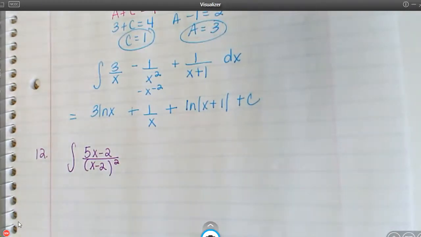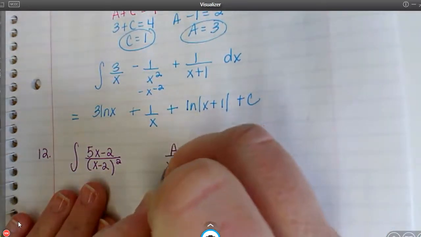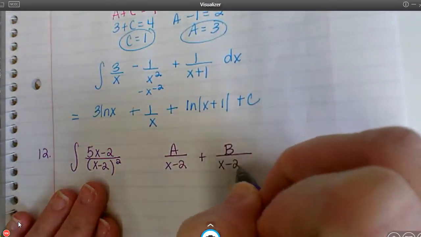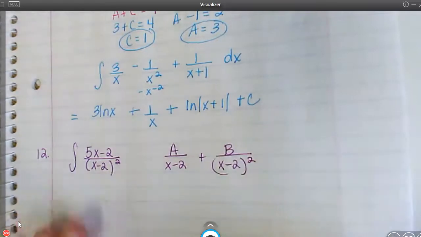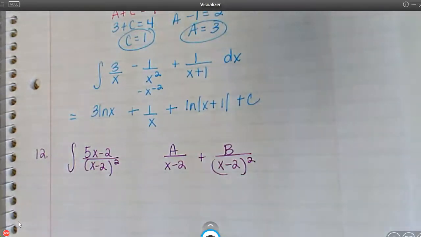But it doesn't work that way because there's lots of more possibilities it could be. And so the way you set this one up is to do a over x minus 2 and then b over x minus 2 squared. Anytime you have a squared term, you do a over one thing and b over the squared term. If it was cubed, you would actually do three things. Okay? Alright, I'm going to pause it there and let you finish that one.